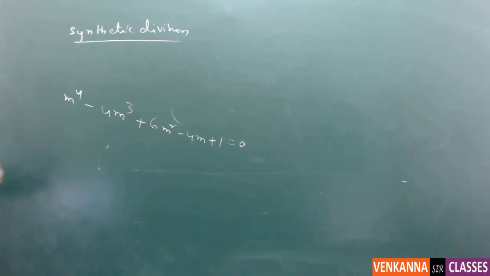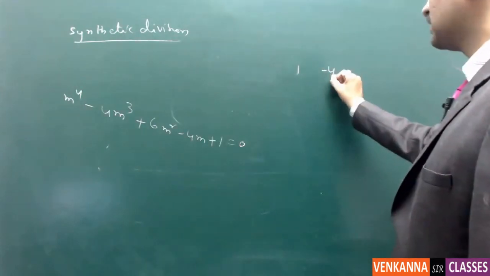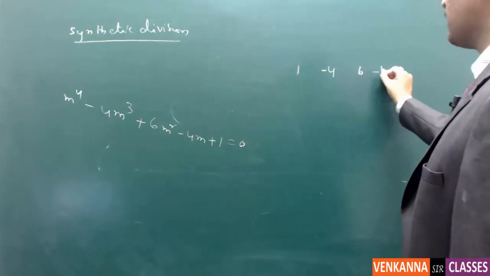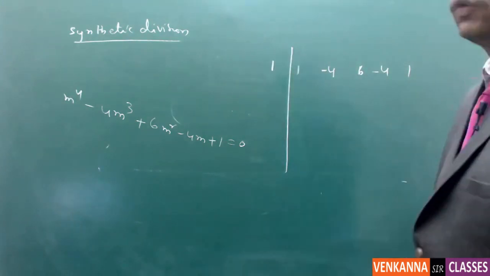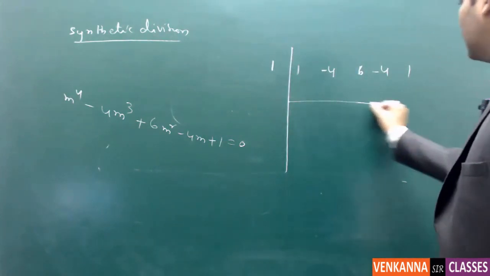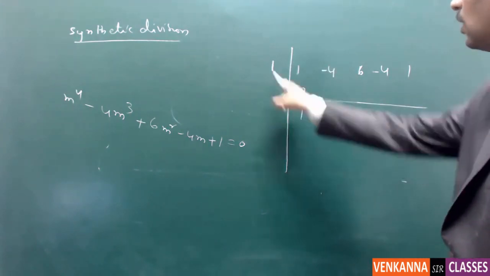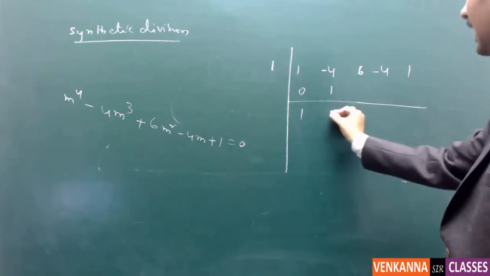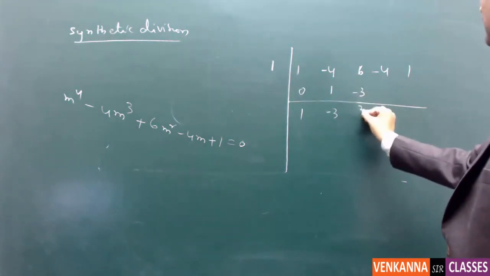Then we will apply the division method. Write the coefficients 1, -4, 6, -4, 1. Since 1 is a root, we apply the division method like this. 0, we add this 1. 1 ones are 1. Please add -3, so this is -3.